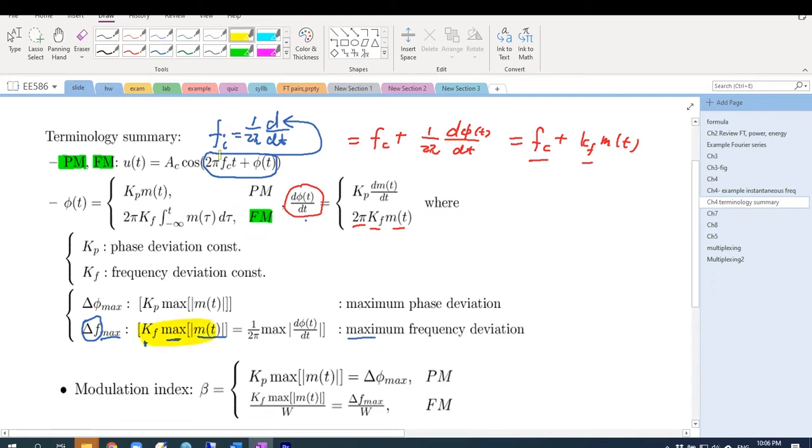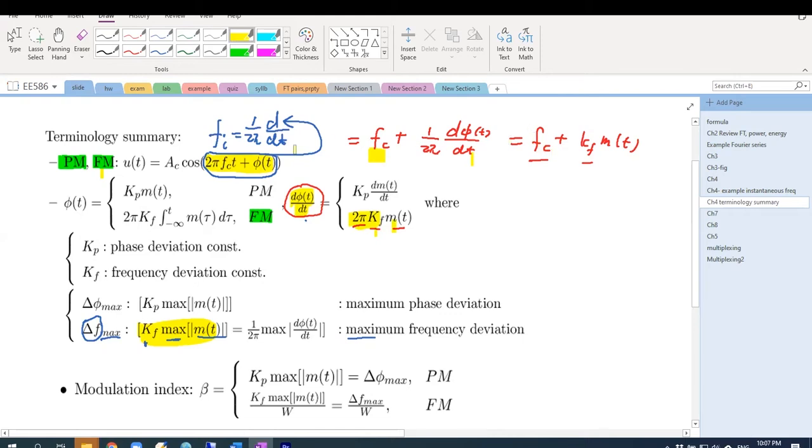We need to look at the instantaneous frequency for FM. The instantaneous frequency is 1 over 2 pi times the derivative of the angle, which equals fc plus 1 over 2 pi times d phi dt. d phi dt equals 2 pi kf m(t).